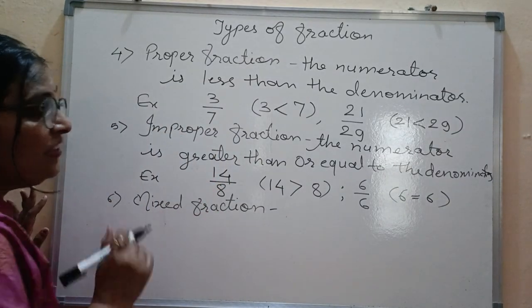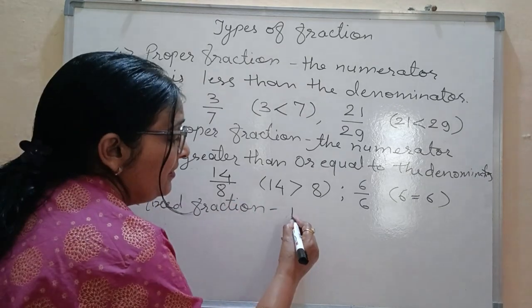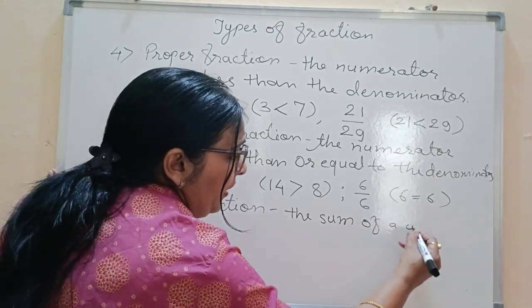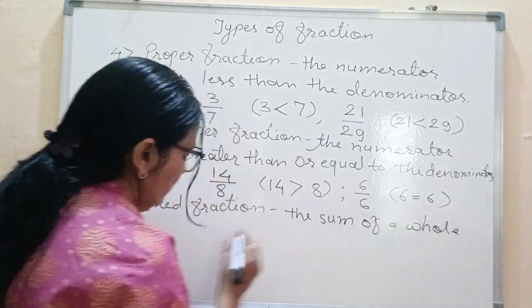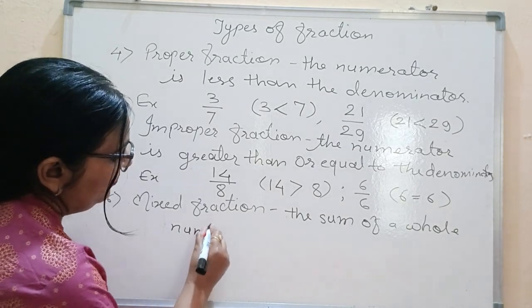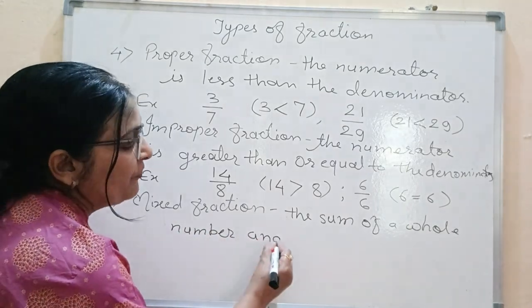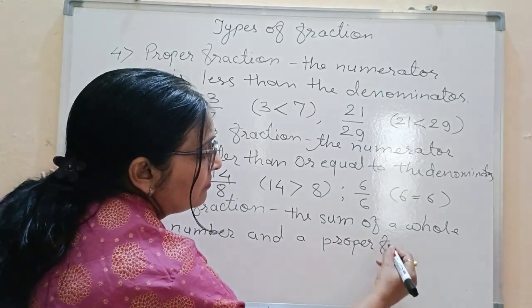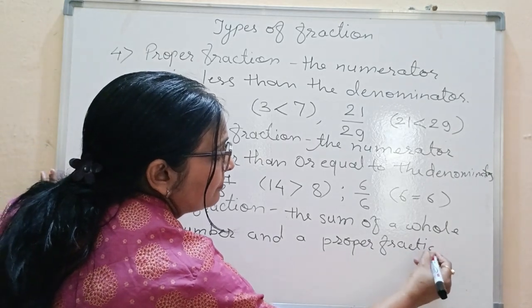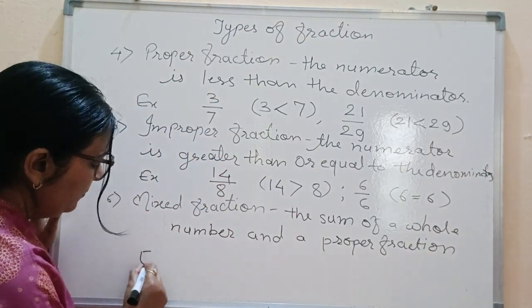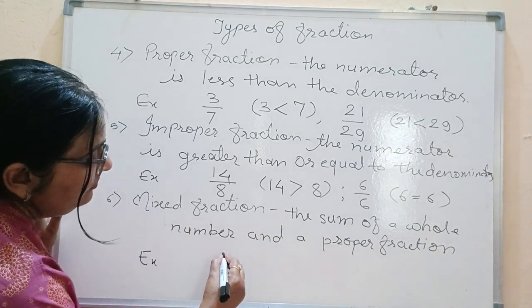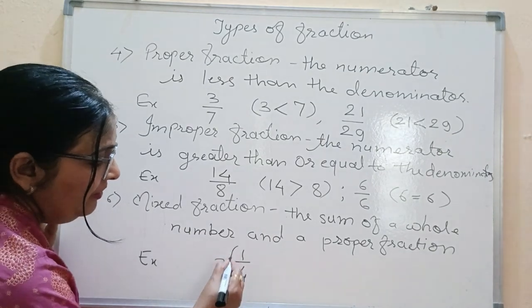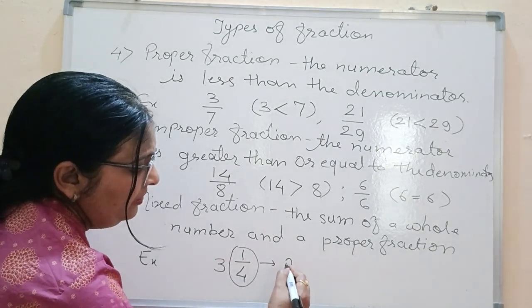Now next is the mixed fraction. A mixed fraction is the sum of a whole number and a proper fraction. For example, 3 and 1 by 4.